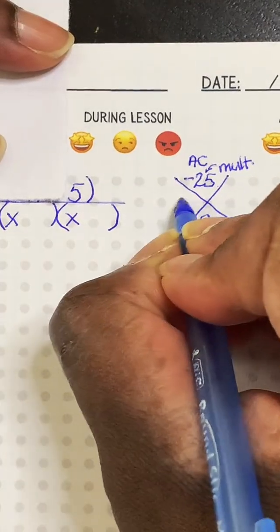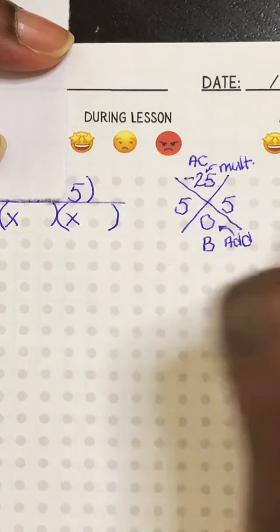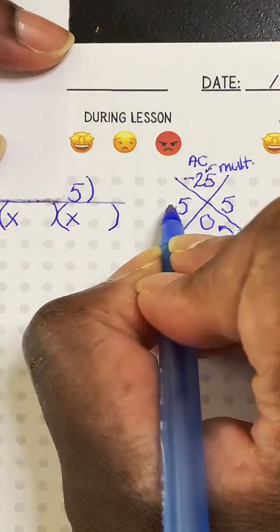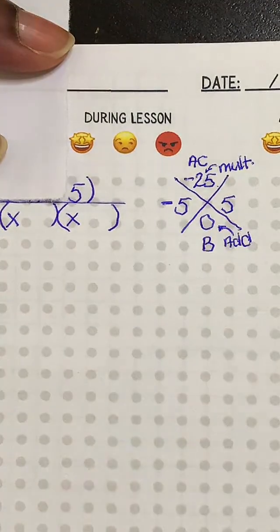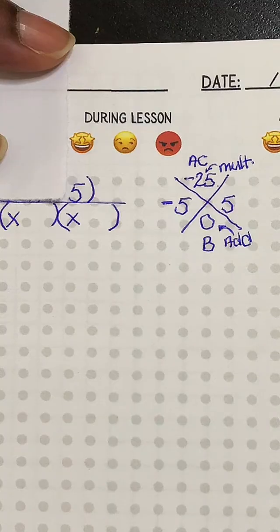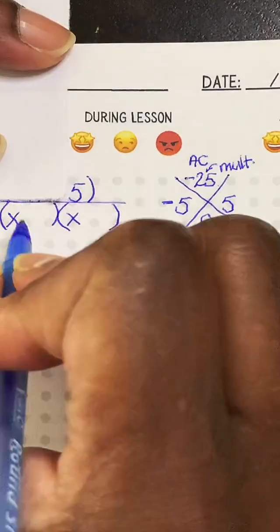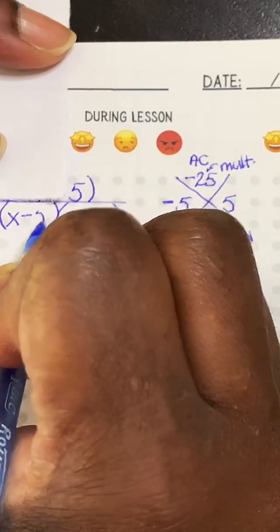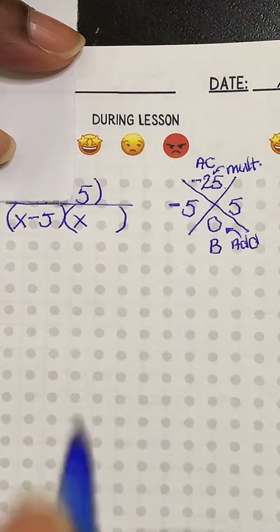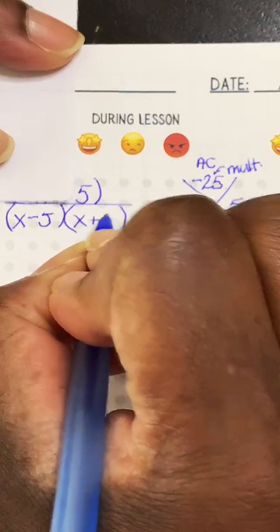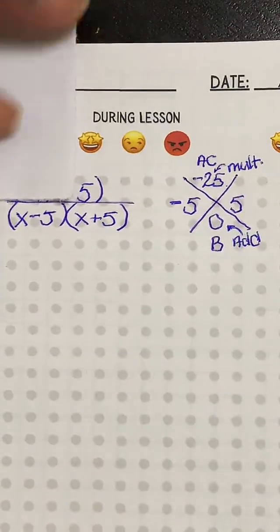We have 5 times 5 is the only thing that gives me 25, but one of them has to be negative. Good. Thank you, guys. Good job. All right. So now we have minus 5 in one parenthesis, and plus 5 in another parenthesis.